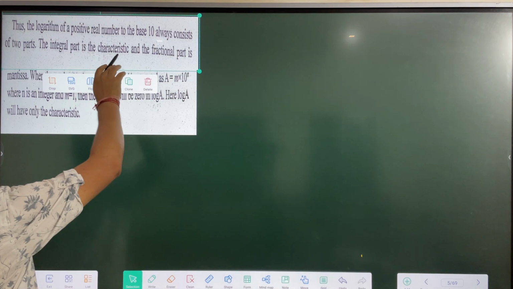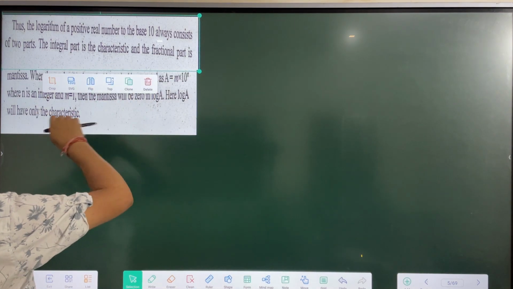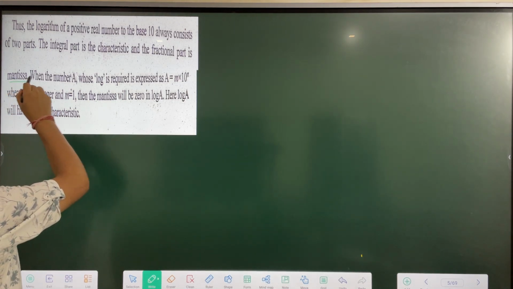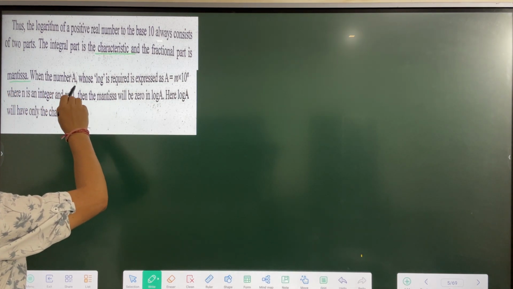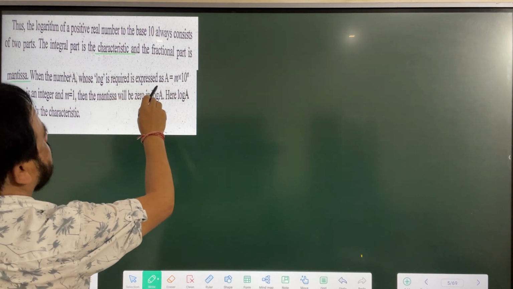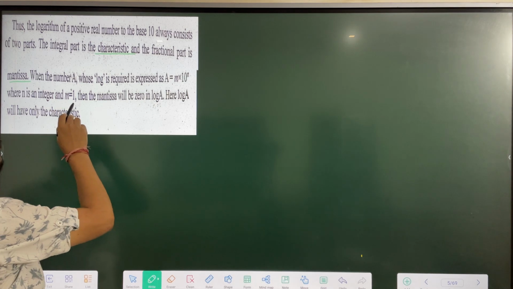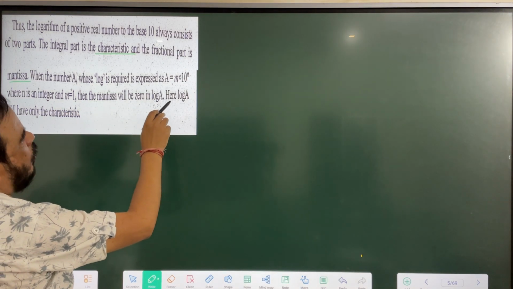The integral part is called the characteristic, and the fractional part is called the mantissa. Characteristic and mantissa. When the number a whose log is required is expressed as a equals m into 10 to the power n, when n is an integer and m equals 1, then the mantissa will be 0 in log a. So this one I already explained.